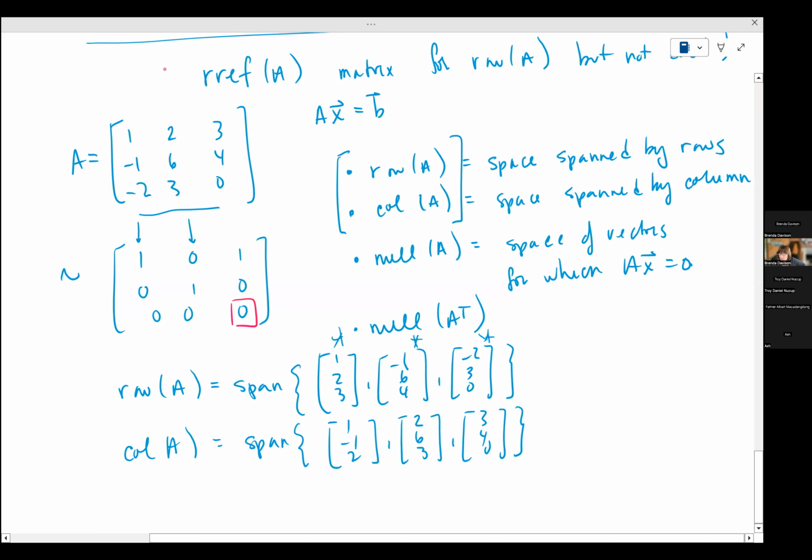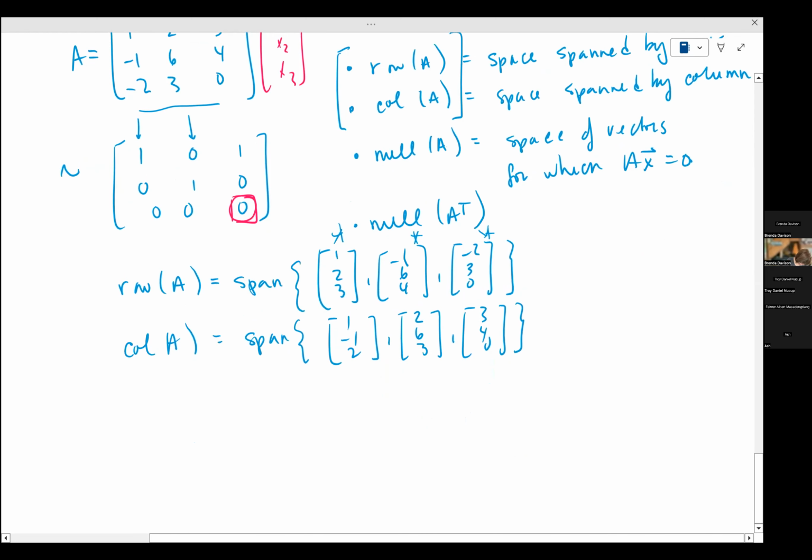So if I was to get this matrix and multiply it here like this, I would find that I would get a 0 no matter what was in the x3 column. So the dimension of the null space here is 1. There's one free variable. And then we have that one important theorem. Make sure that you know that one important theorem.